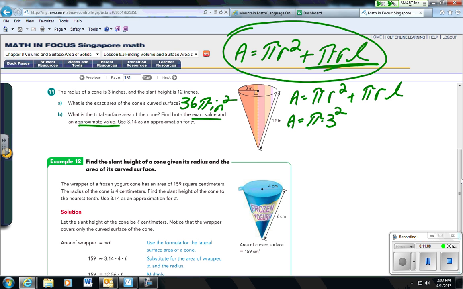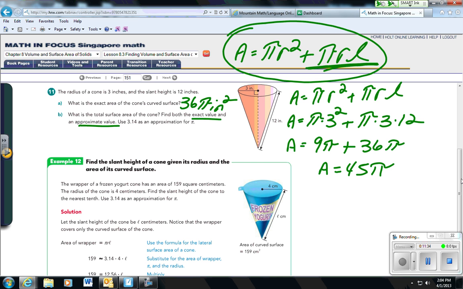Radius is 3, so 3 squared, plus pi times 3 times 12. Now do all of your math, except don't do times pi. So 3 squared is 9, so 9 pi, plus 3 times 12 is 36, so 36 pi. And then we treat those pi symbols just like variables. 9 pi plus 36 pi is 45 pi. So our answer for the exact is 45 pi inches squared.